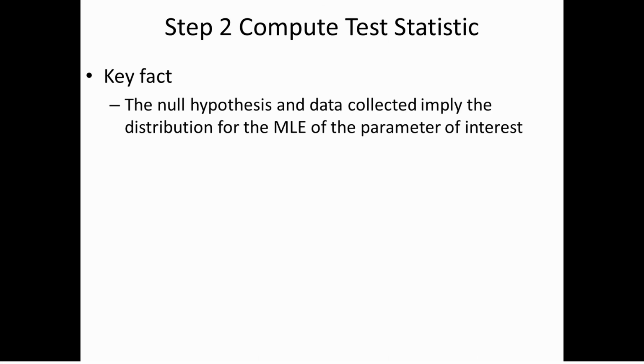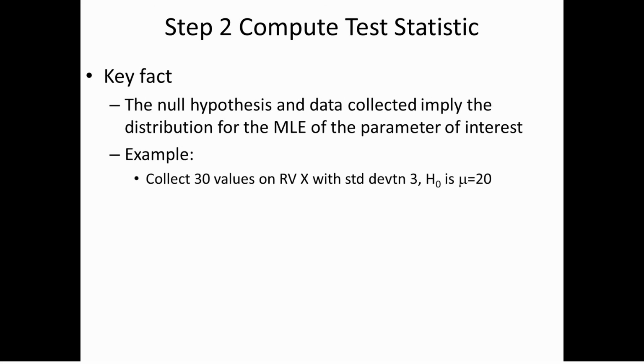Okay, computing a test statistic. So here we go. Key fact is that the null hypothesis and the data collected imply the distribution for the MLE of our parameter. Let me explain what that means. Let's look at an example. Suppose I collect 30 values of a random variable and the standard deviation is 3, and I'm going to assume, this is my null hypothesis, that mu is equal to 20.